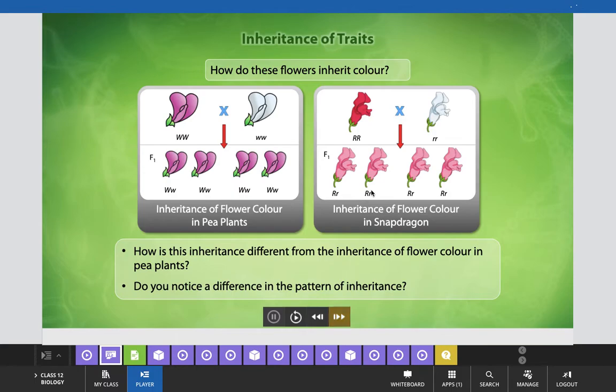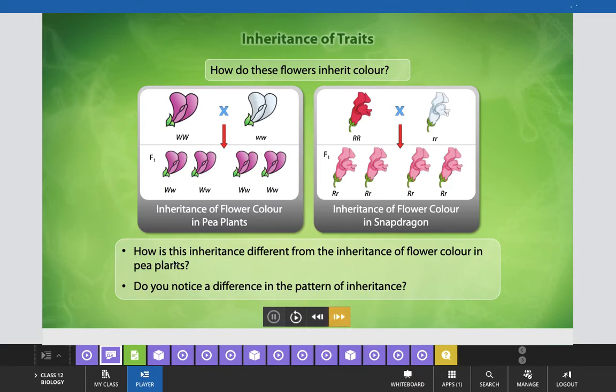But in this other case of the snapdragon flower, we can see the result of the F1 generation after crossbreeding the red color flower and white color flower. Here the mixture or blending of the color is seen in the form of pink color.